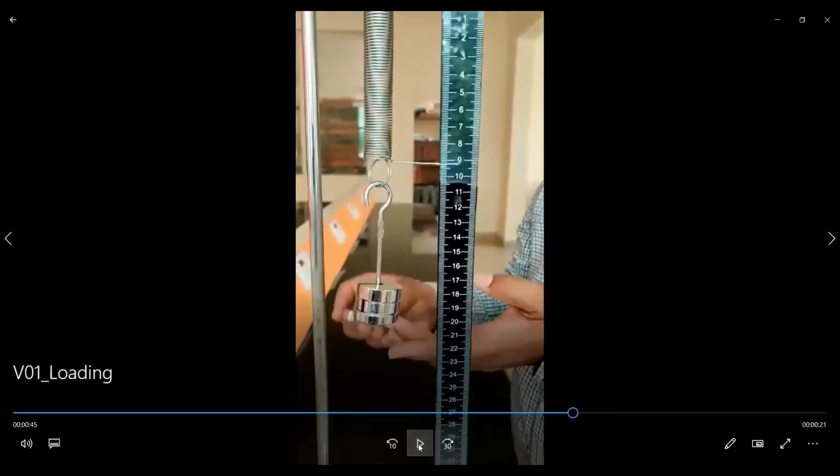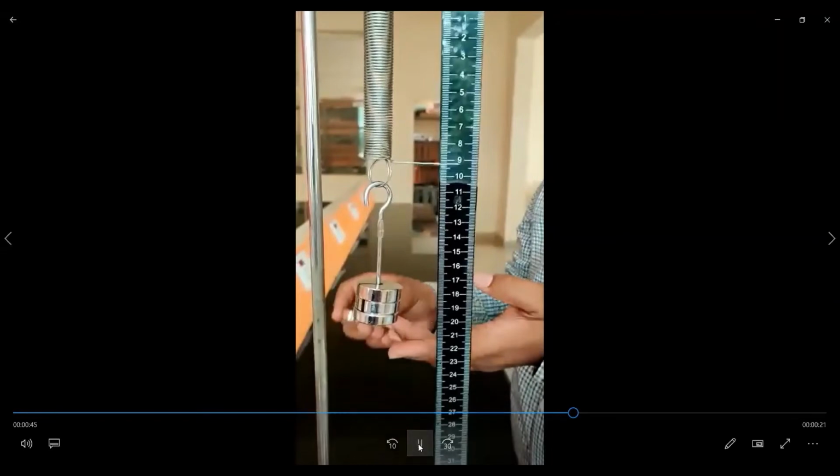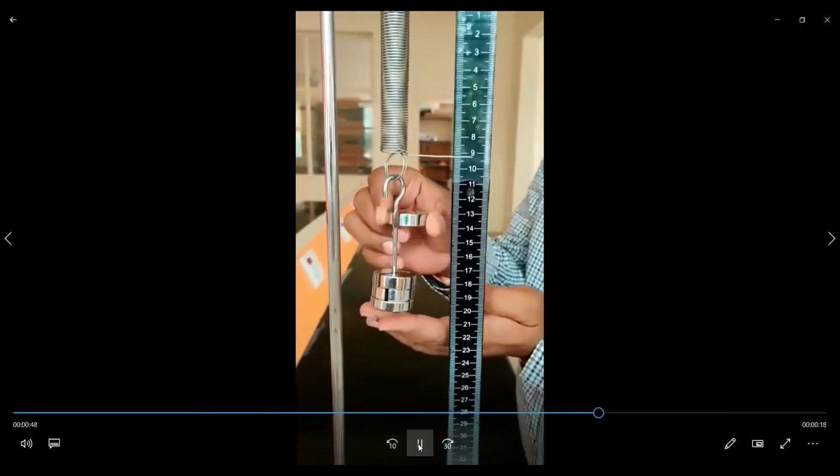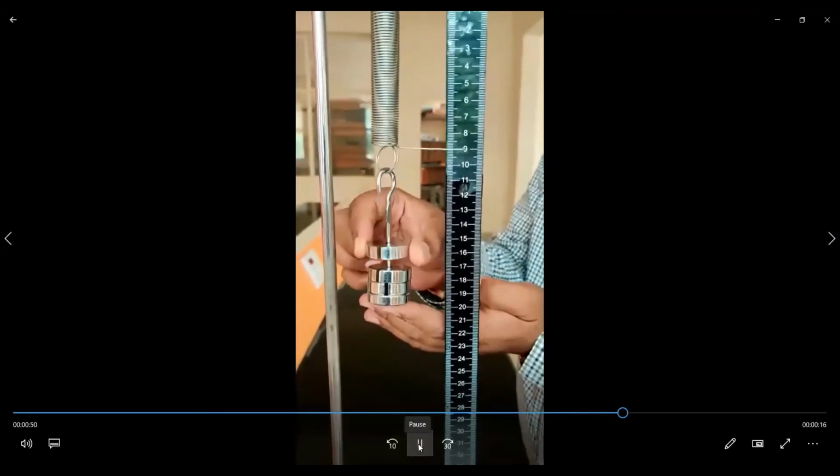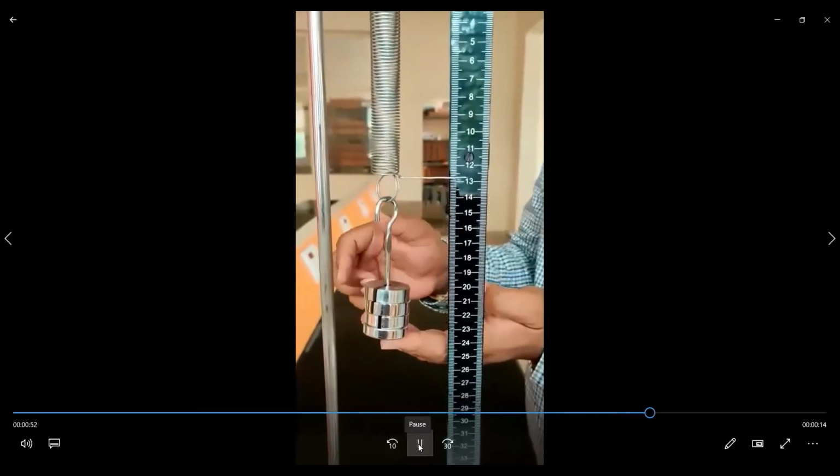Extension for 150 gram force. Extension for a load of 200 gram force.